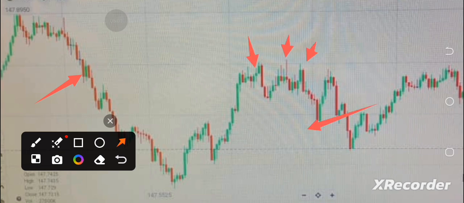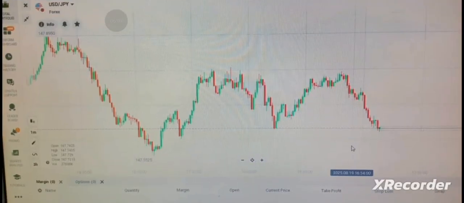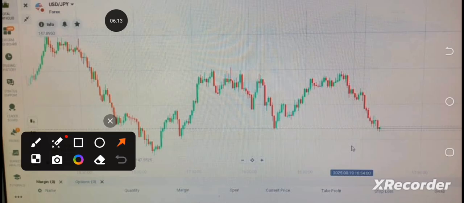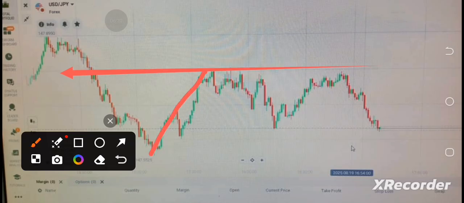Now, in this situation, you are expecting sellers to enter from exactly this level, right? But if you look carefully, the market goes up, hits that level, reversed. It almost touched the level and then it reversed. So if you are waiting for the sellers to hit this particular area before you open your position, you will see that you have missed this opportunity.